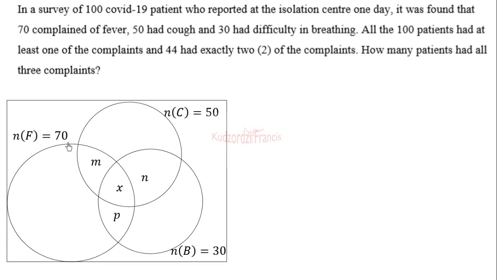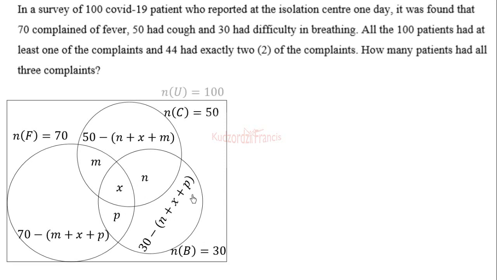So if you subtract the sum of these from 70, we will get this region. So that is what we do for all. Subtract the sum of this from 50, this will give you this. Subtract the sum of this from 30, and that will give you this region. Now we're also given that the universal set is 100 because we have 100 COVID-19 patients.